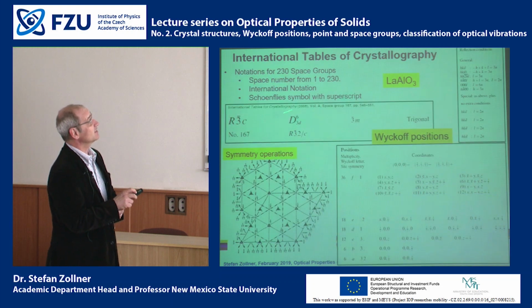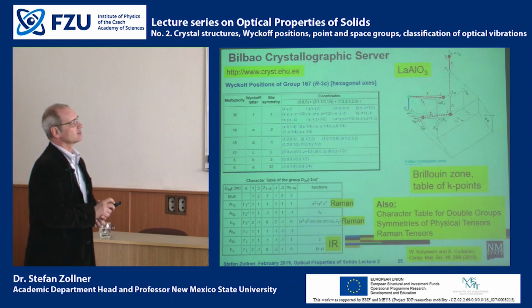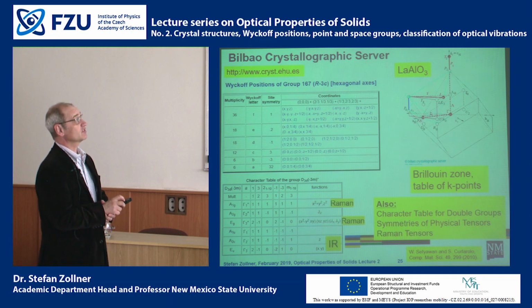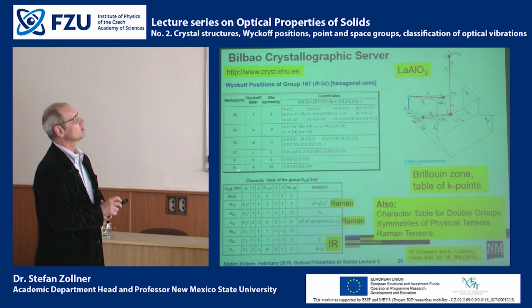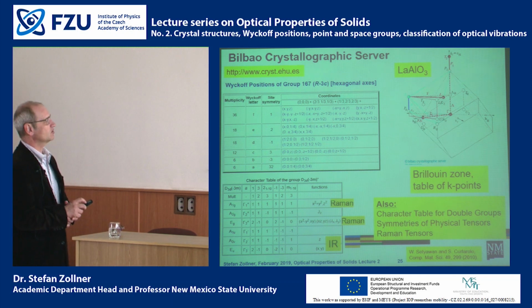So if you cannot get access to the international tables, there's also the Bilbao crystallographic server. Much of the same information can be found there, and much more than what's in the international tables. For example, in the Bilbao server you find the Wyckoff positions for all the 230 space groups.